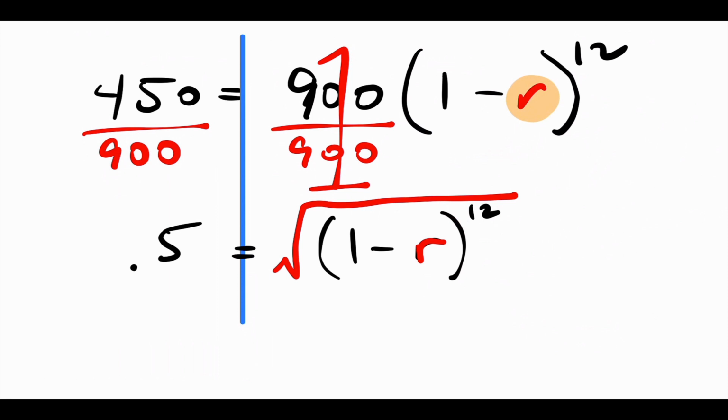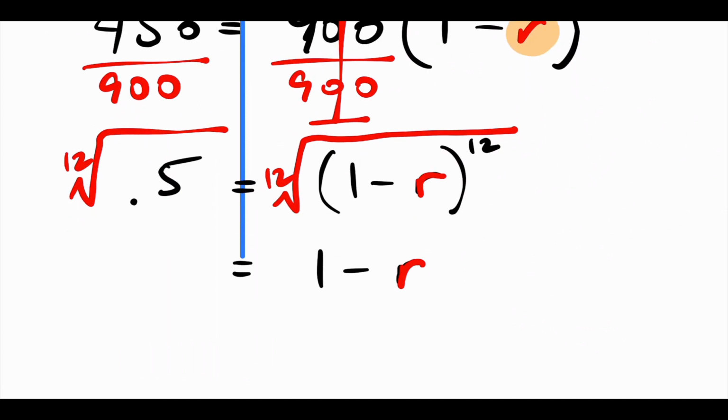Which root would cancel out 12 power? 12th root, right? Because isn't it a fraction? 12 is the power, 12 is the root, 12 over 12 is just 1, right? That's why it's the 12th root. Well, whatever I do to one side, I have to do to the other. So this guy is going to become just 1 minus r. Because the root is no longer there. The root and the power cancel each other out.